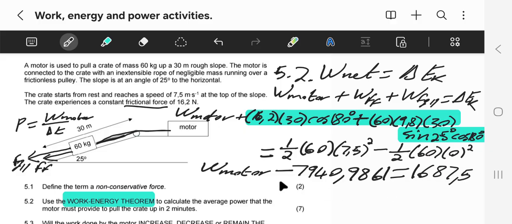Then from here, for me to find the work done by the motor, I'm gonna take this negative 7940,9861 to the other side. So this one I'm transposing to the other side.